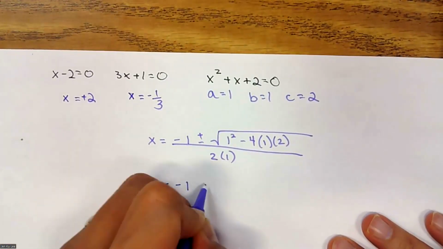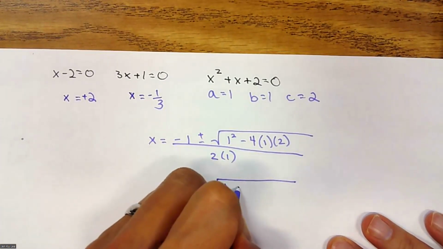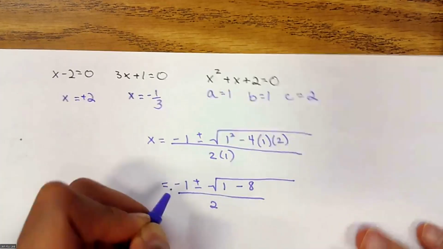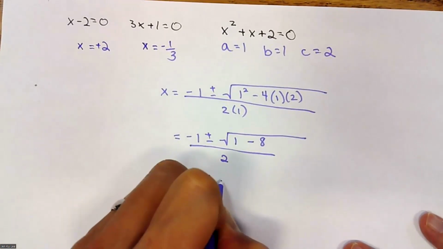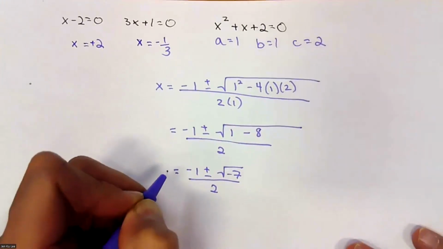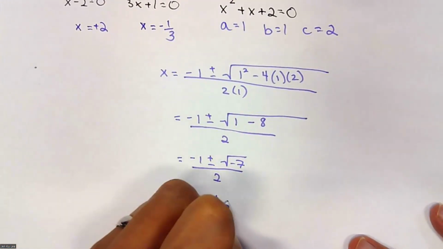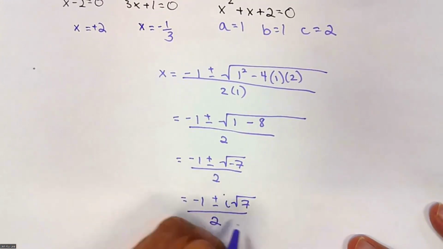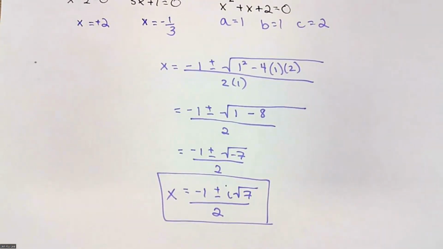So that's negative 1 plus or minus the square root of 1 minus 8 over 2. That is negative 1 plus or minus square root of negative 7 over 2. Take out the negative in the square root by replacing it with i. And that is that root.